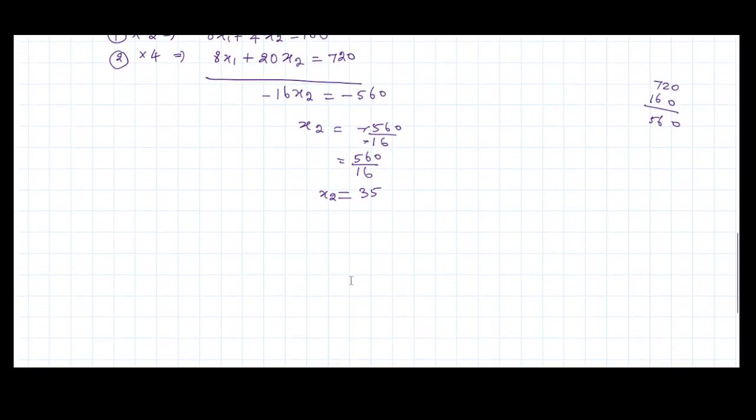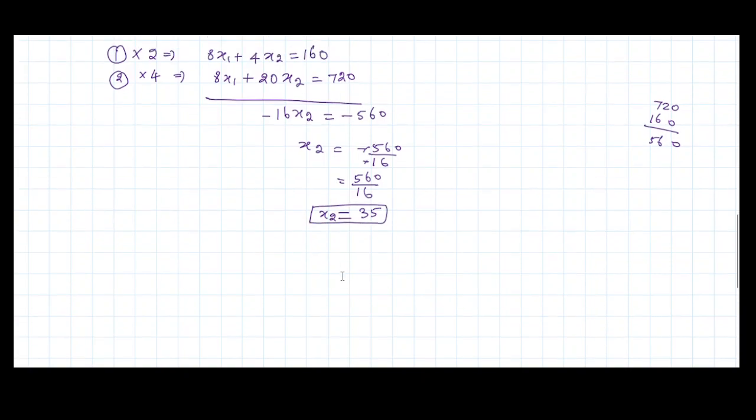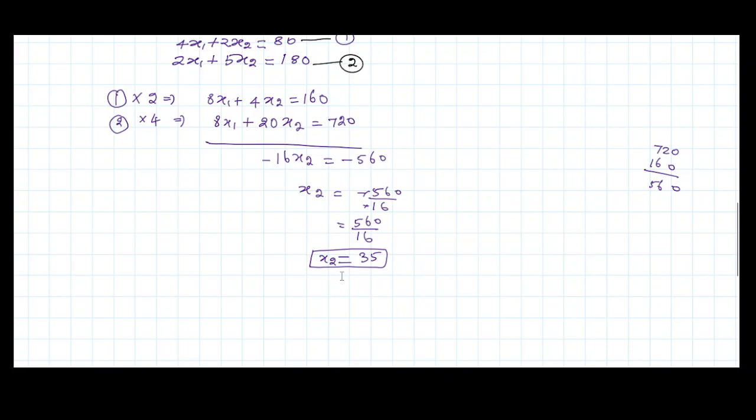We substitute x2 equal to 35 in one of the equations. It becomes 4x1 plus 70 equal to 80. 4x1 equal to 10. x1 equal to 10 by 4, which is 5 by 2.